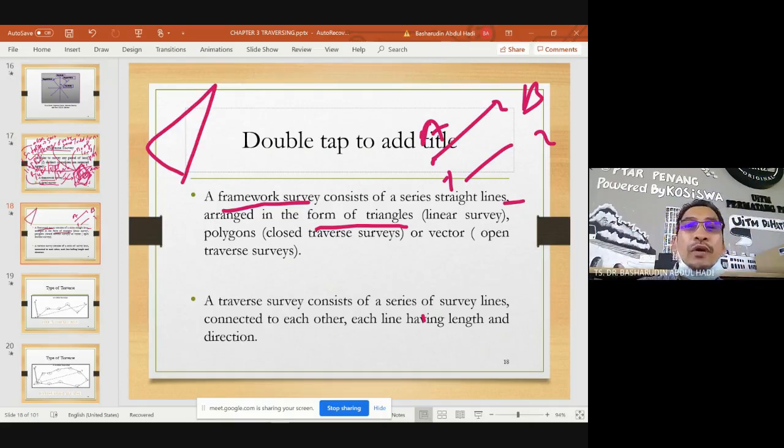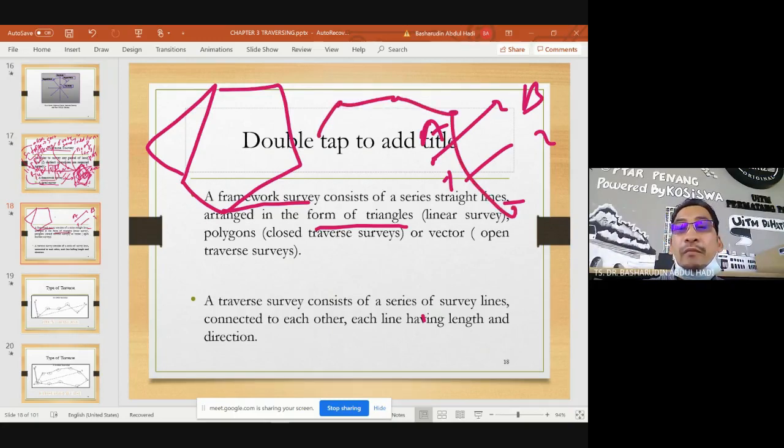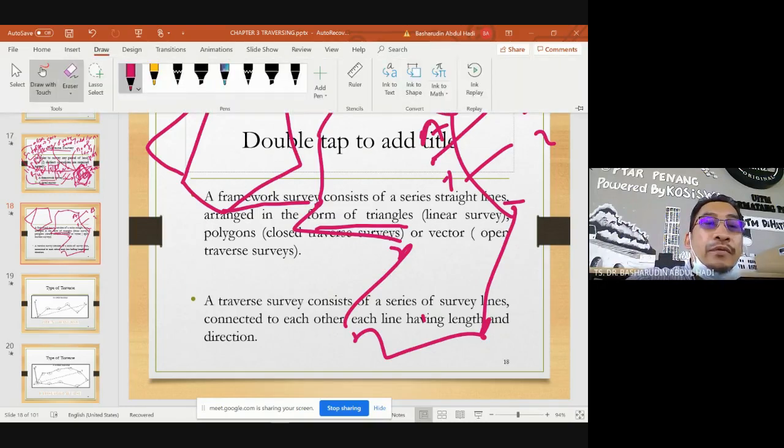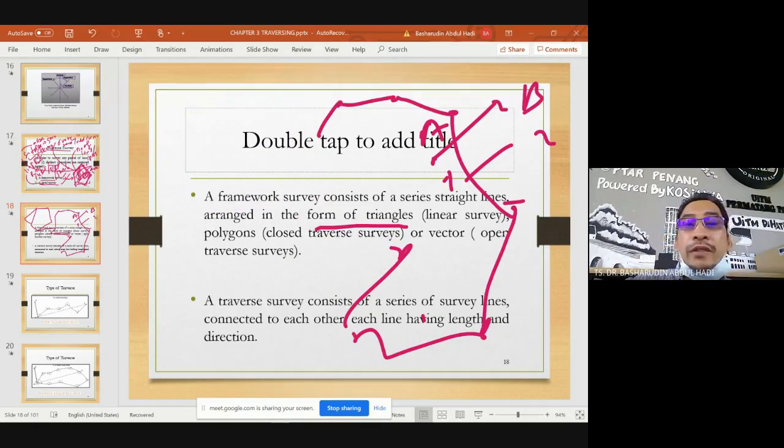So normally you have something like a trapezoid or pentagons. You have nonagons, and maybe your land is very crucial, something like this. Maybe you have 20 points, but it's a linear one, based on the site and so on. Okay, I think you understand this one, before we go to more detail.